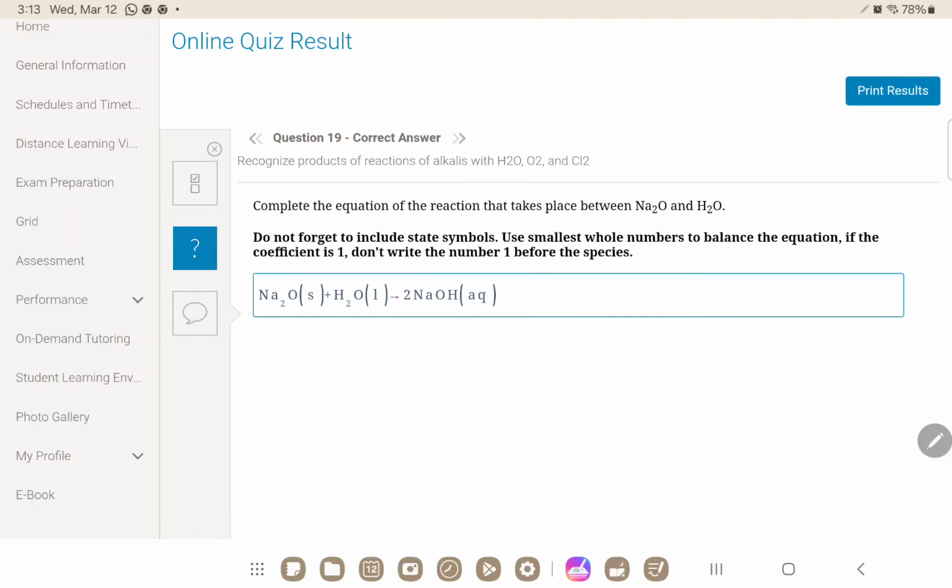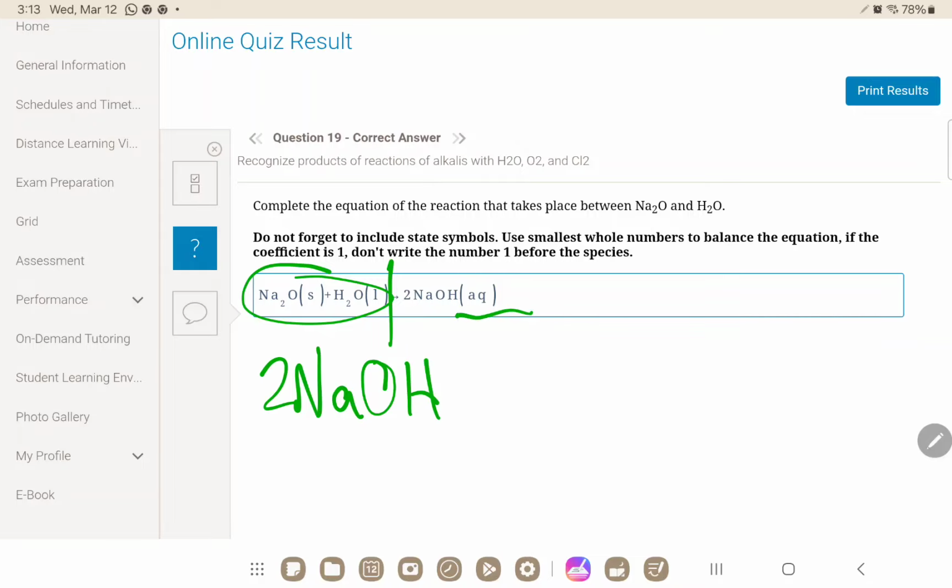Okay, so when they gave you these two reactants and asked you to form the product, it's going to be 2NaOH, which means you just practically combined everything here. You wrote Na, O, and H in one, and then added the two to balance. That's it, and NaOH is aqueous.